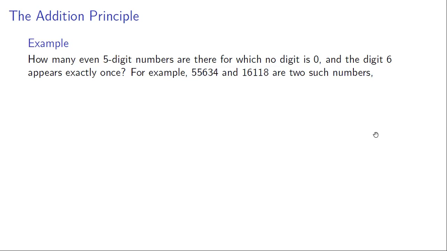Also, 16,118. That's also a valid number in this example. We're trying to count all such possible numbers. But to be clear, let's give examples of numbers that we're not trying to count. These 2 are valid, but not 63,304, because it has a 0, which we're not allowing.